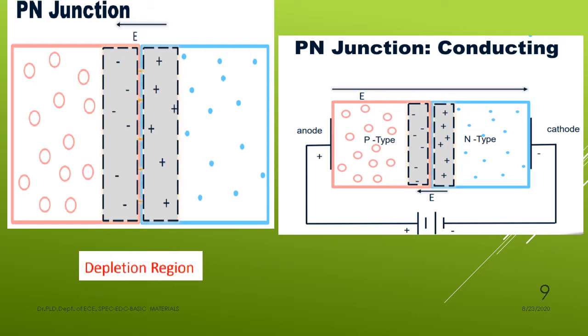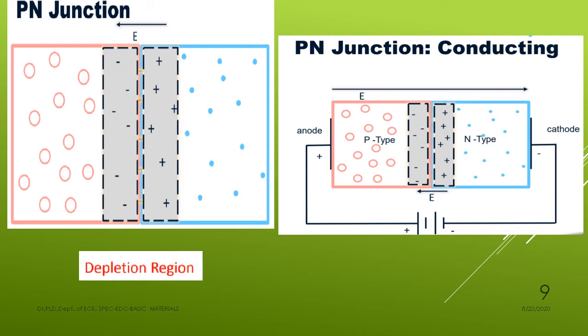If you observe, we connect the two terminals of this combination of P and N type: the P terminal is connected to the positive polarity of the supply, and the N terminal is connected to the negative polarity of the supply. Even without an external supply, a drifting of charge carriers occurs, a drift current in between the P and N type semiconductors.